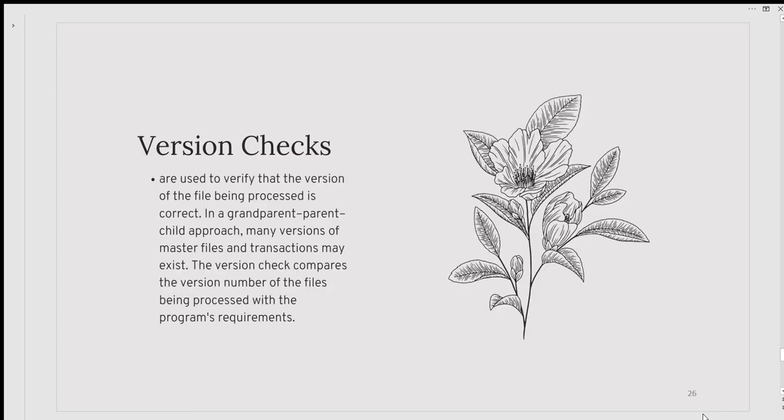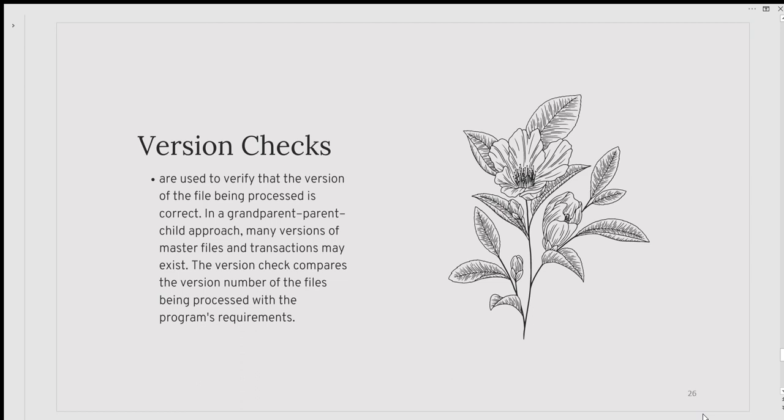Next is version checks. Version checks are used to verify that the version of the file being processed is correct. Sa version checks naman, ang ginagamit to para ma-verify kung yung version ng file na ipaprocess mo is tama.